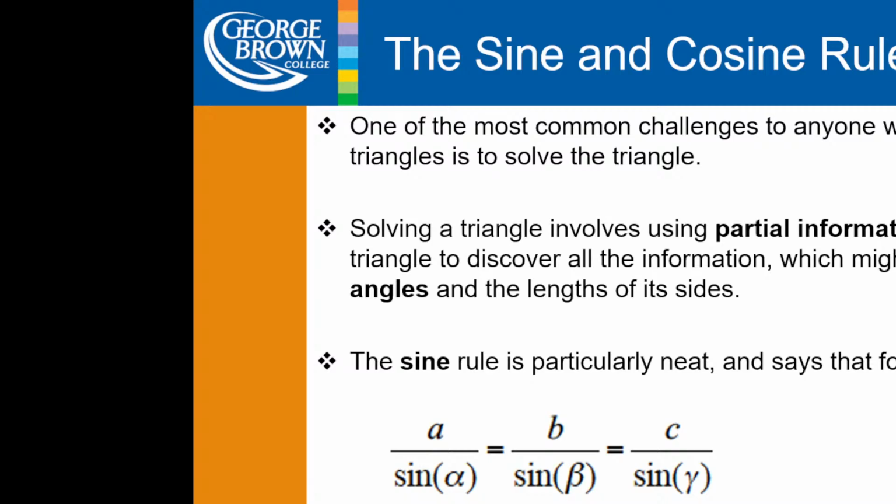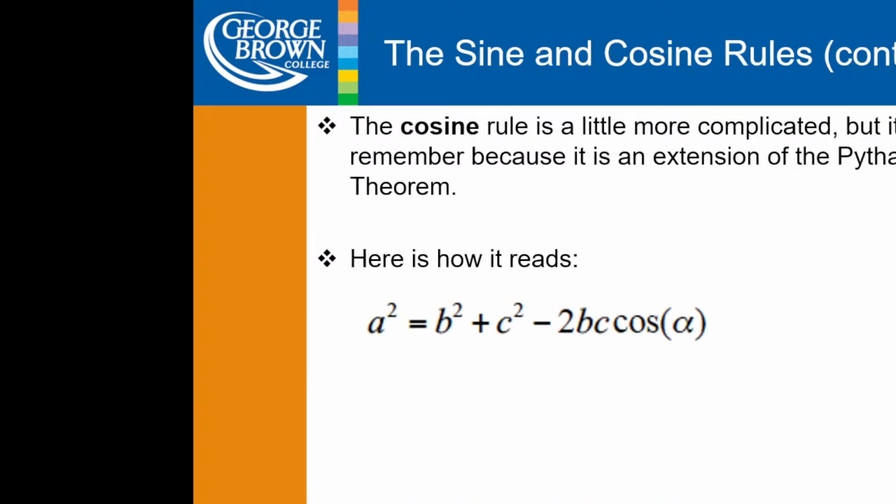But also important to know is that the sine rule only works for right-angled triangles. It does not work for other non-right-angled triangles, and that's where we use the cosine rule. It's more complicated, and it's an extension of the Pythagorean Theorem. It's like I'm saying a squared is equal to b squared plus c squared minus 2bc cos alpha.